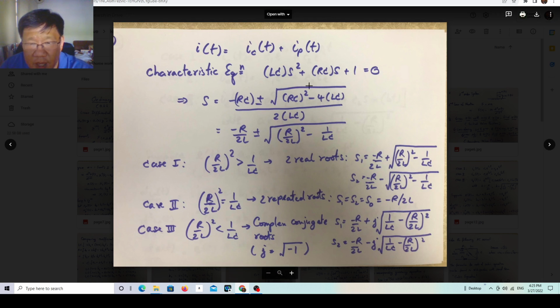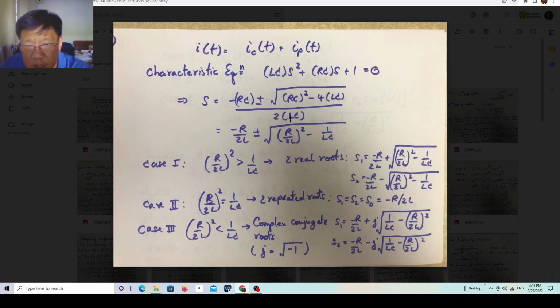That's what we did here. So the b term is here, so s equals minus RC, plus or minus the square root of the middle term squared minus 4 times a times c. Since c is 1, 1 times LC, so 4LC, divided by 2a, which at this moment is 2 times LC.